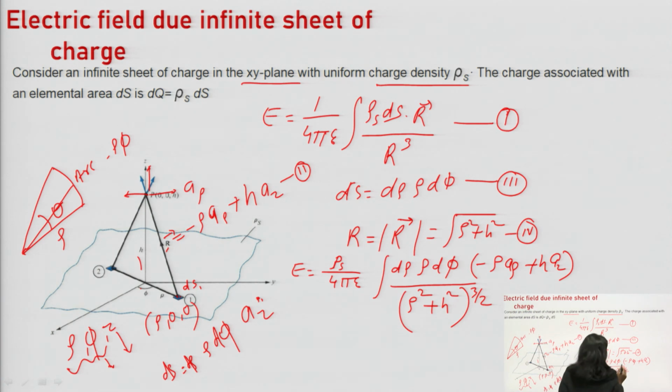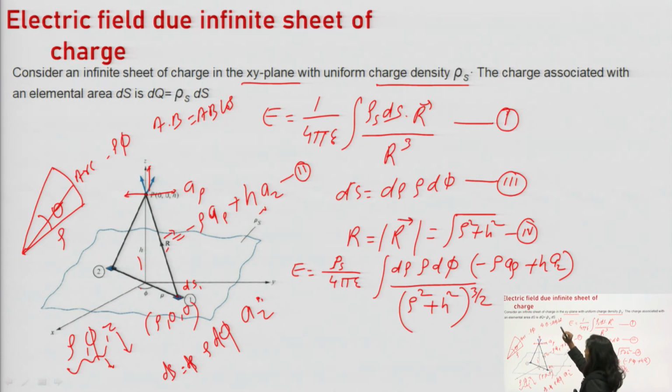The area vector is towards a_z and here is a_rho. For a dot product of two vectors a and b, it will be ab cos theta.